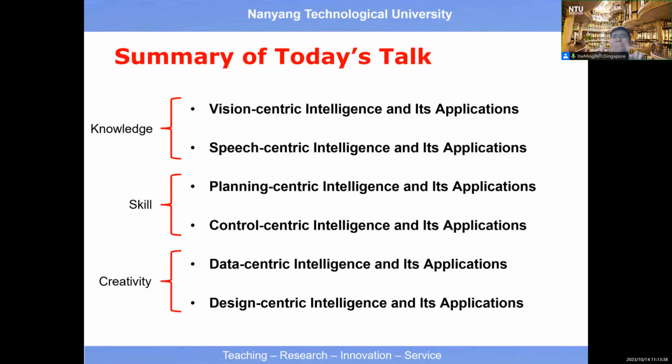Okay. So let's talk about today's study. In today's study, basically, we have learned three major groups of application. First group refers to knowledge-centric applications which are enabled by AI. Second group refers to skill-centric applications which are enabled by AI.